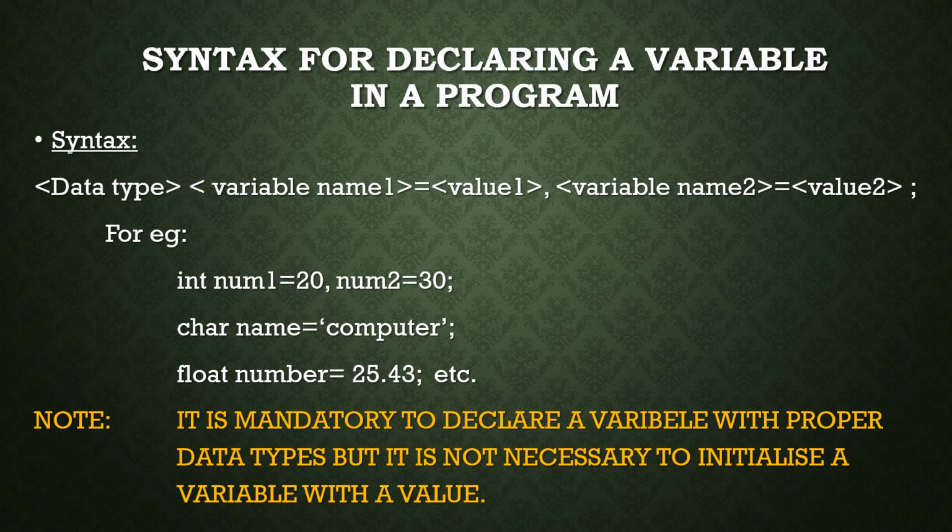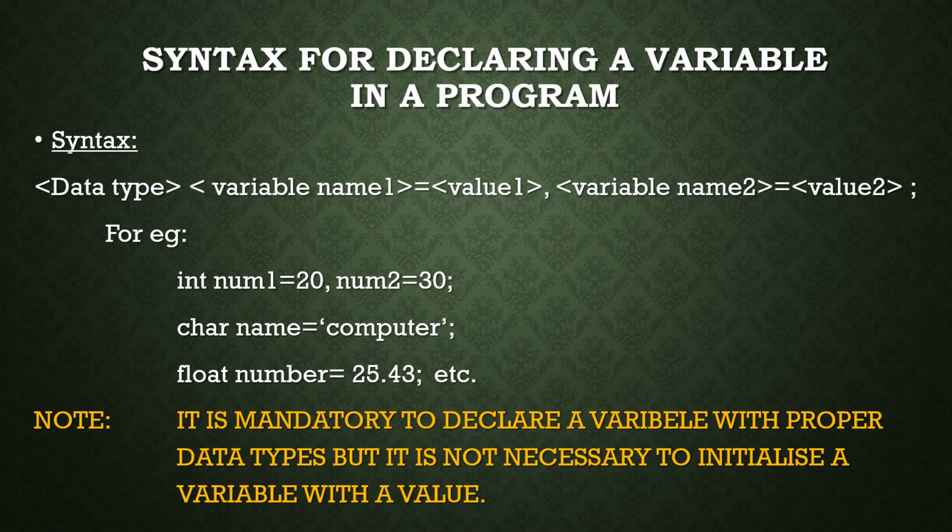Syntax for declaring and initializing a variable in a program. Syntax means the rules to form a statement in a computer language. So here the syntax for declaring a variable is, first you have to write the data type, then you have to give the variable name, then the assignment operator, then the value.